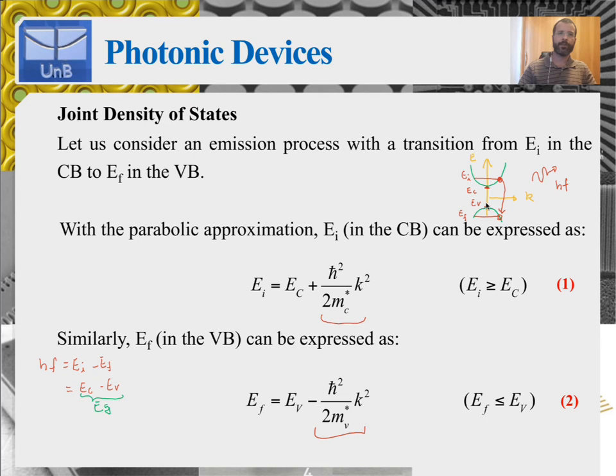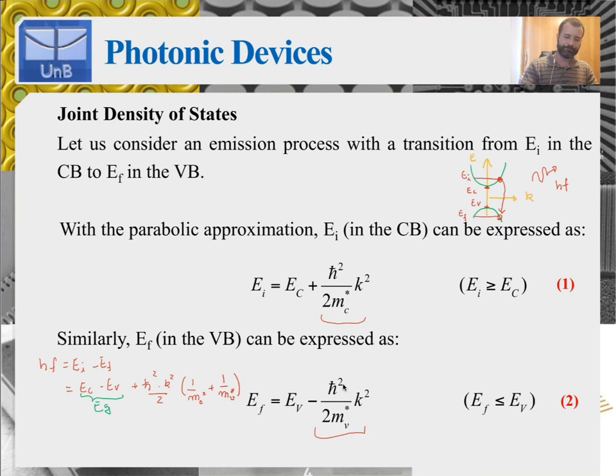So what we end up having is plus h bar squared multiplied by k squared over 2 times the common term to both of these, 1 over mc star plus 1 over mv star, where mc is the effective mass of the electron in the conduction band, and mv is the effective mass of holes in the valence band.